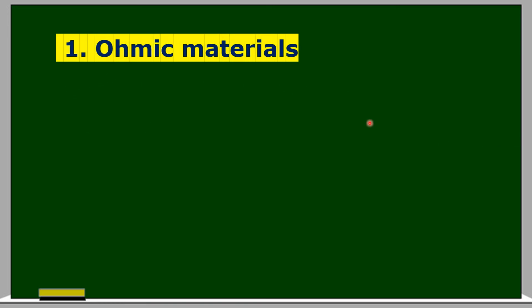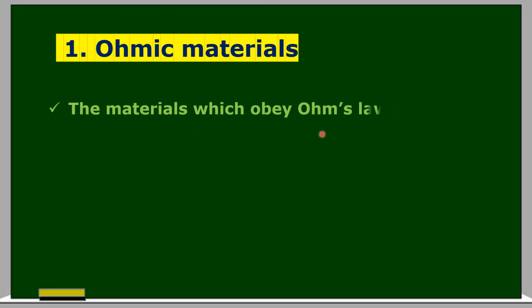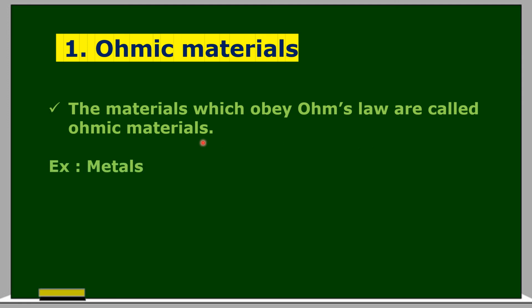Now, what are ohmic materials? The materials which obey Ohm's law are called ohmic materials. An example of ohmic materials is metals. So metals are ohmic materials.